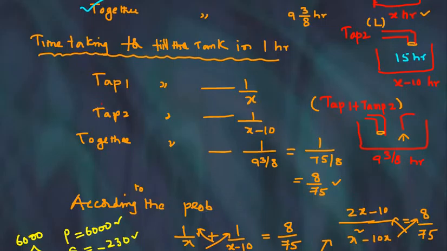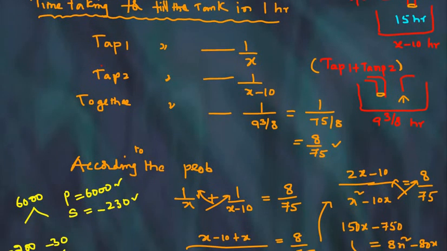So you know that tap 1's 1 hour work plus tap 2's 1 hour work is the same as both together's 1 hour work. So that's why we are equating these two. This is all about the sum. If you simplify this, you will get a quadratic equation. You solve the quadratic equation by these factors, then you will get the solution as x is equal to 25 and 15 hours.